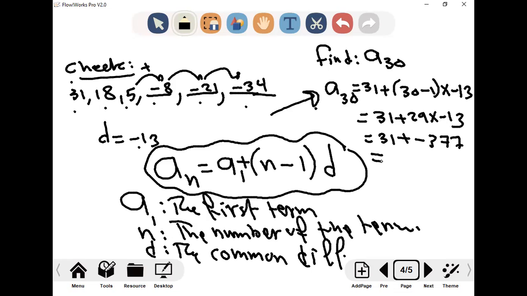Negative 346. This term is term number 30, which means if you keep adding negative 13 until you have 30 terms, the 30th one will be negative 346.